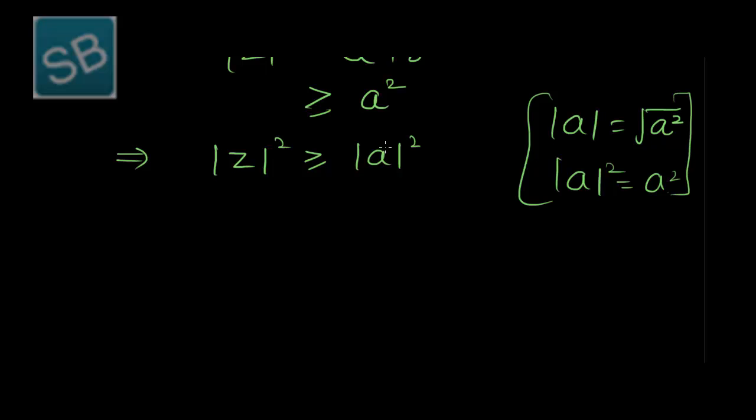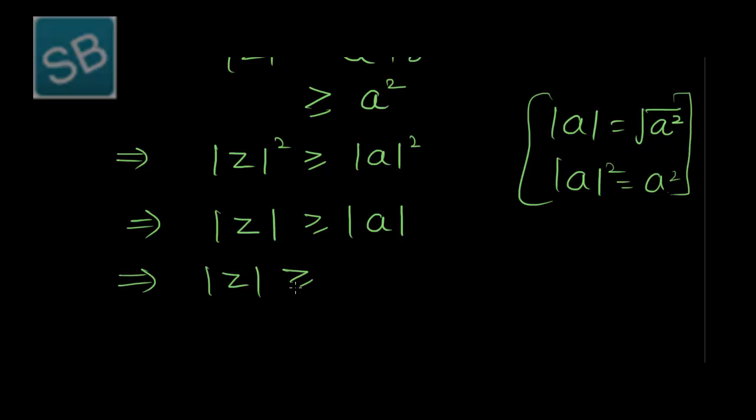Now on taking the square root on both sides, mod z is greater than or equal to mod a. So what about a? a is the real part of z. So the first result is proved: mod z is greater than or equal to the modulus of the real part of z.